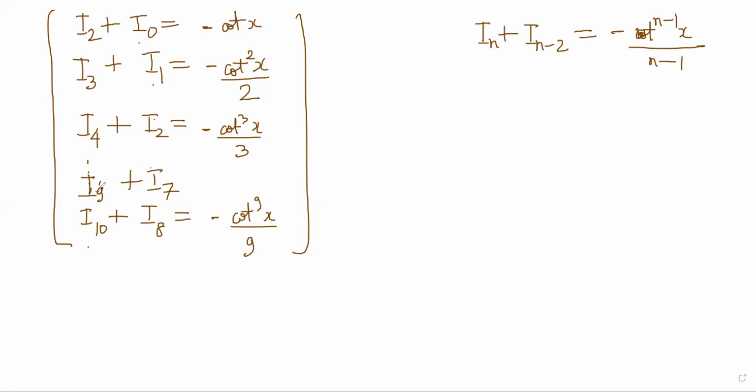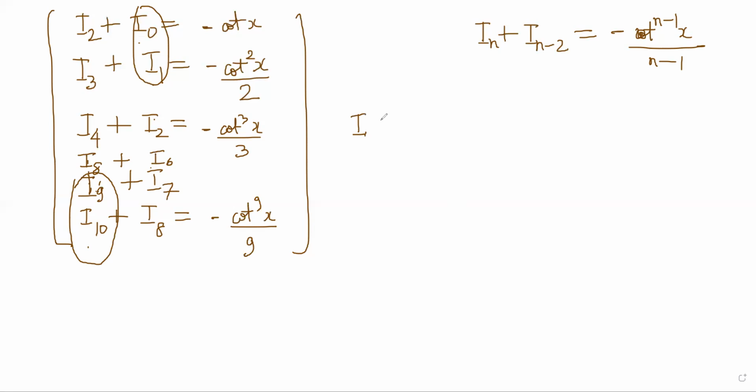You'll get I9 here, and actually I9 will be repeated. No, it won't, because the previous term would be I8 plus I6. So I9 and I10 come once, I0 and I1 come once, and every other integral comes 2 times, right?